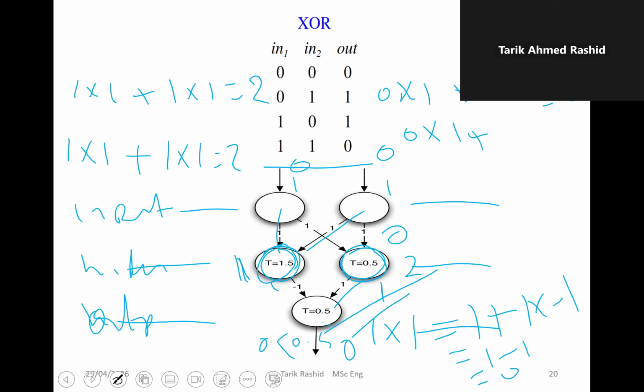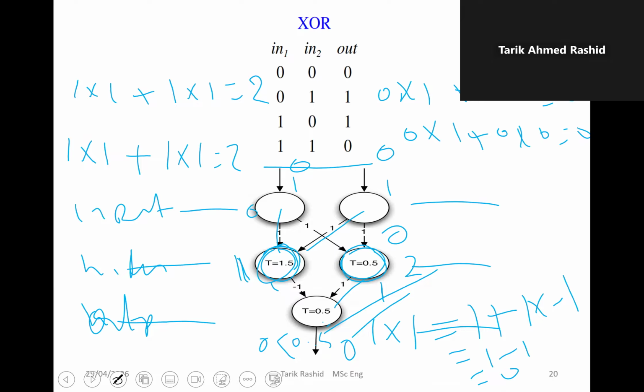Now here, 0 multiplied by 1 is 0, and 0 multiplied by minus 1 is 0.